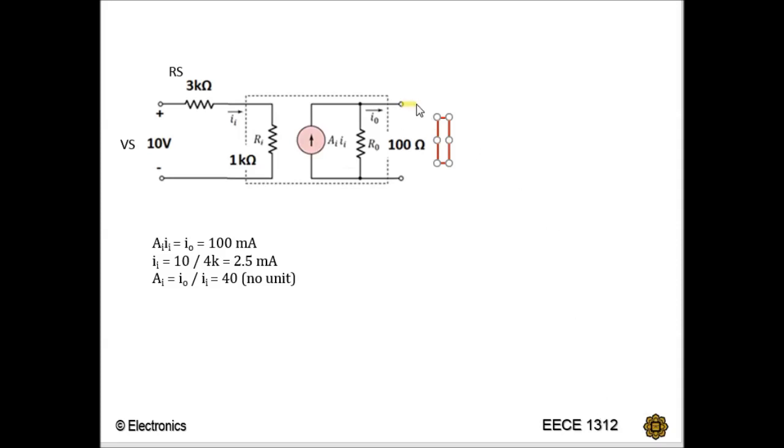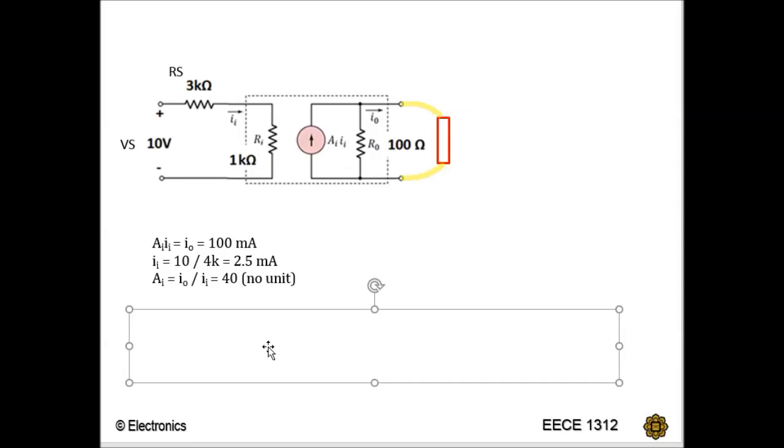Now this terminal is connected to this resistor. So your AI will always be 40, and your I in, because you did not change anything at the input side, will always be 2.5 milliampere, right? So again, you're going to use the current divider at the output side to find I0.